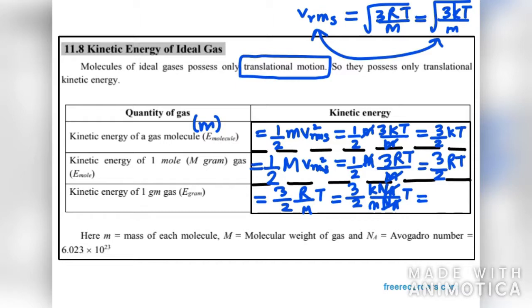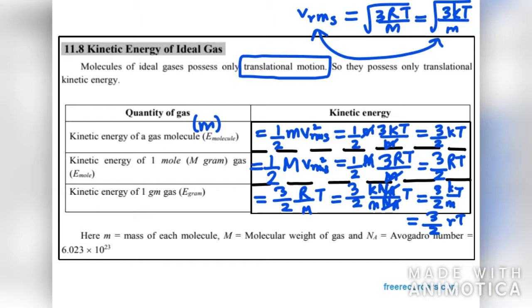So it will be 3 over 2 K over m T. So these are three different formulas for the kinetic energy of a gas molecule, of 1 mole, and of 1 gram mass respectively.